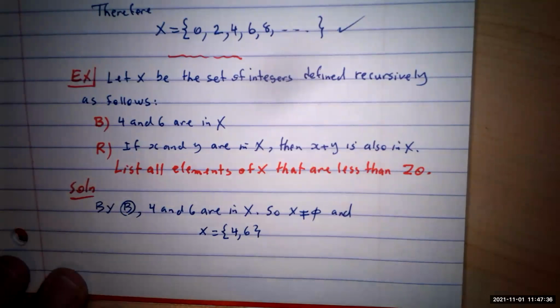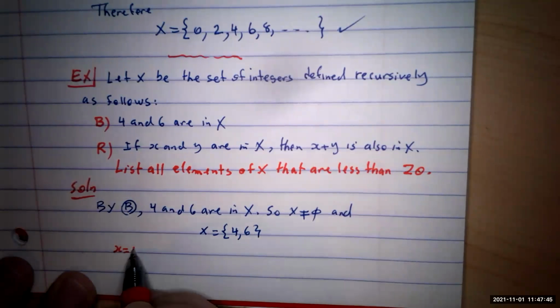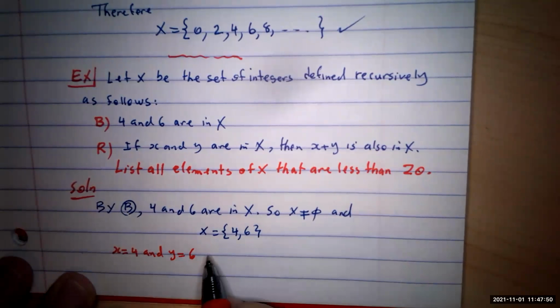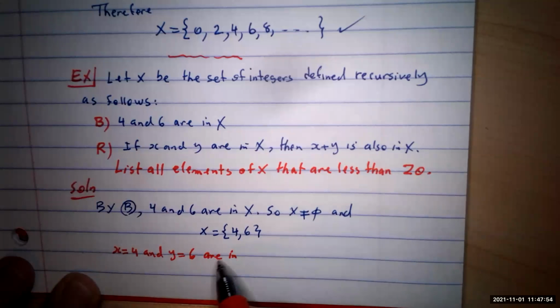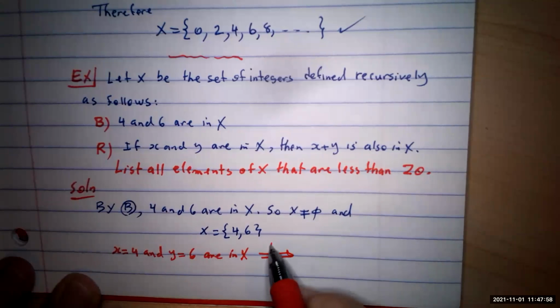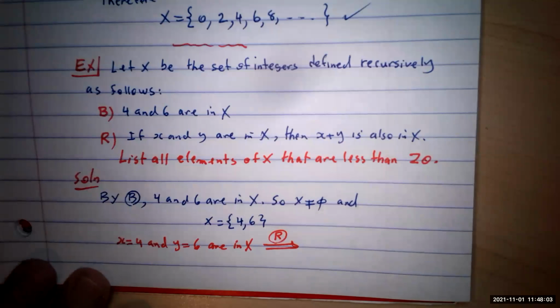Say X equal to 4 and Y equal to 6 are in X. So apply the recursive part, add them together.